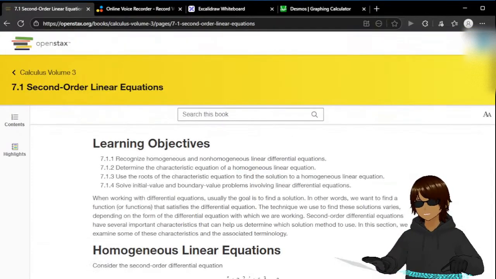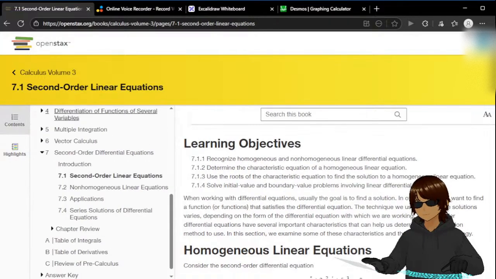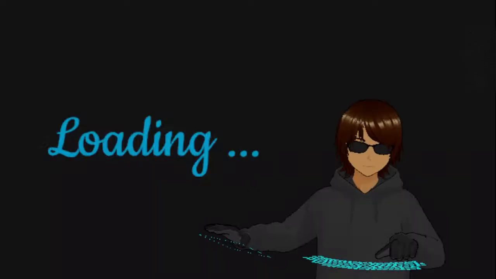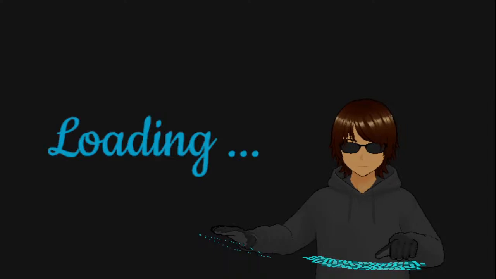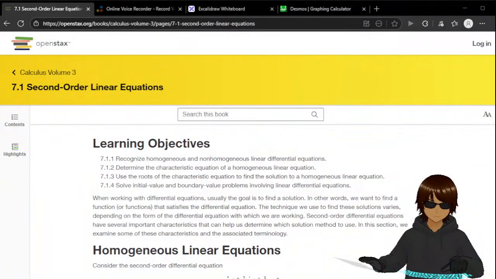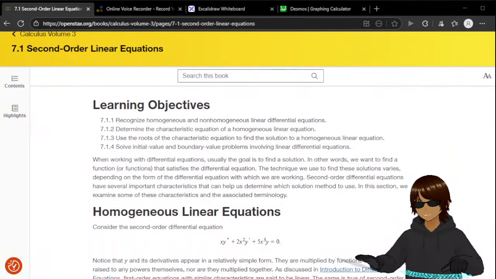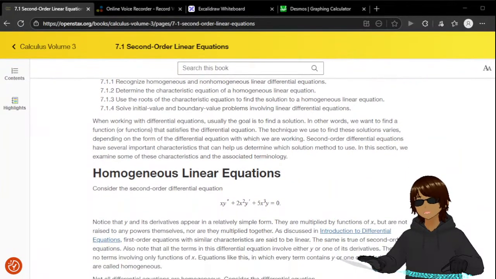Second order linear equation. Okay, when working with differential equations, usually the goal is to find a solution.